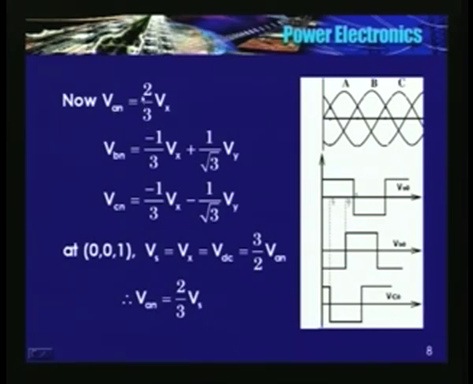So therefore VAN is equal to 2 by 3 into Vx, VBN is given by minus 1/3 Vx plus 1 over root 3 into Vy, okay, and VCN is equal to minus 1/3 Vx minus 1 over root 3 Vy. So if I know Vx and Vy using these three relationships, you can calculate the value of VAN, VBN and VCN.